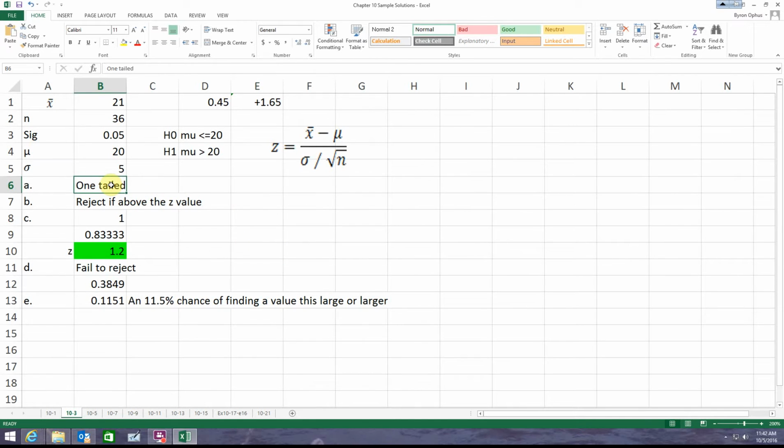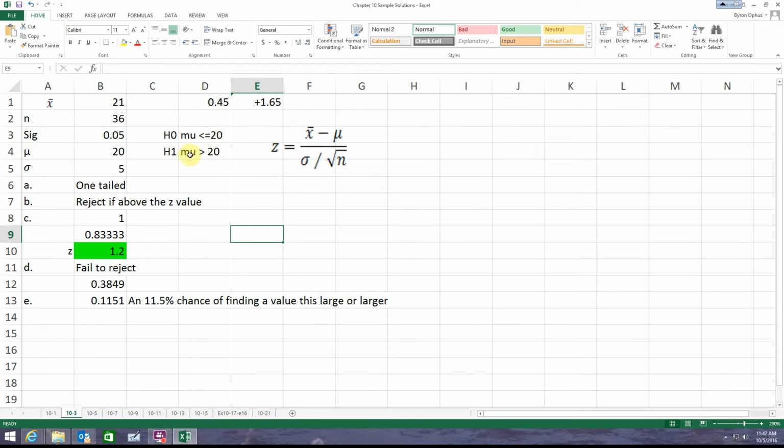We have to describe what it is. Is this a one-tailed or two-tailed test? It's one-tailed. You get credit just for getting that part right. Isn't that amazing? What is the decision rule? We're going to reject it if it's above the z value. And how do we figure that? Well, our null hypothesis is that mu is less than or equal to 20.